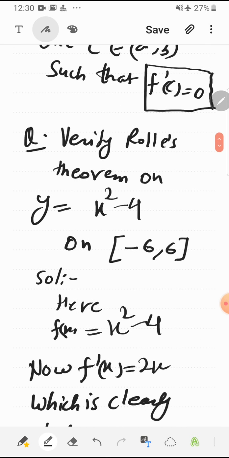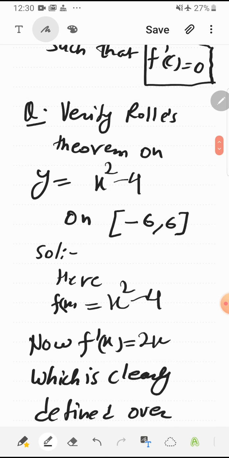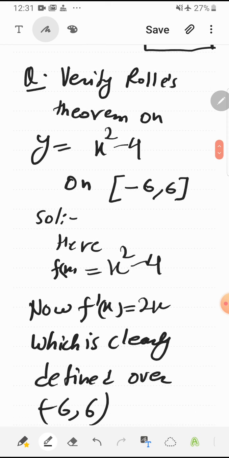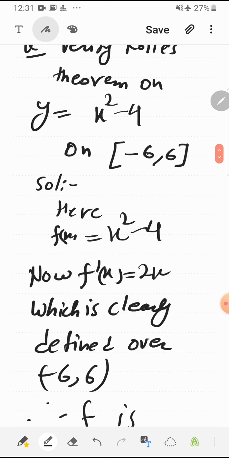How am I going to check? As we know that differentiability at a point is properly found by limit etc. But here it is on an interval, so we are simply differentiating the function, like f of x is equal to x square minus 4, its derivative is 2x, which is clearly defined over minus 6 to 6.